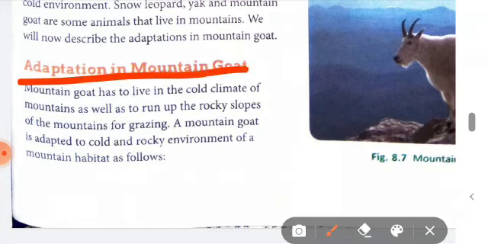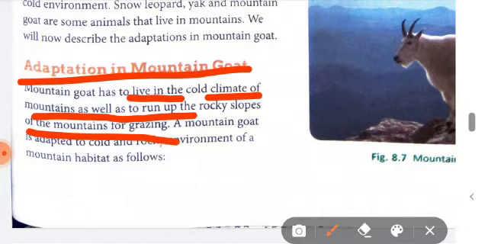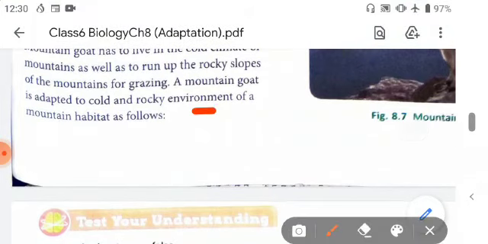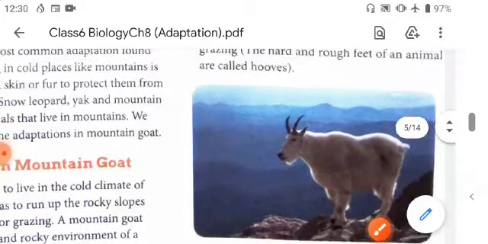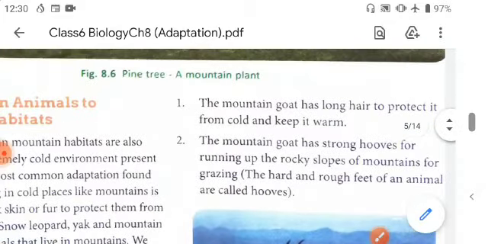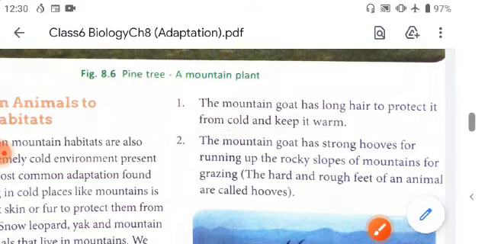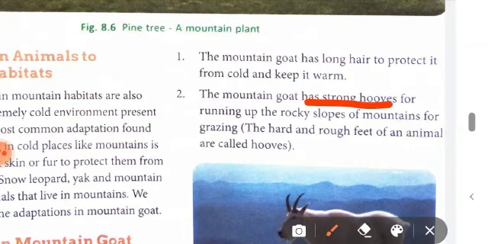Students, you know, a mountain goat has to live in the cold climate of mountains as well as run up the rocky slopes of the mountains for grazing. So a mountain goat is adapted to the cold and rocky environment of a mountain habitat as follows. First, the mountain goat has long hair to protect it from cold, and it has strong hooves for running up the rocky slopes of mountains for grazing.